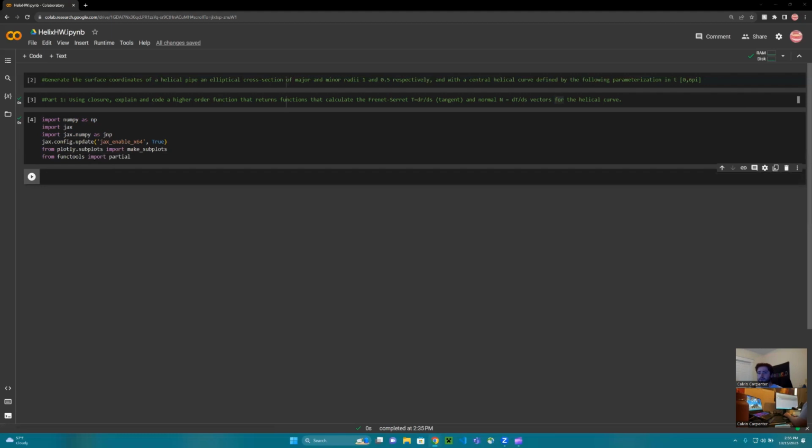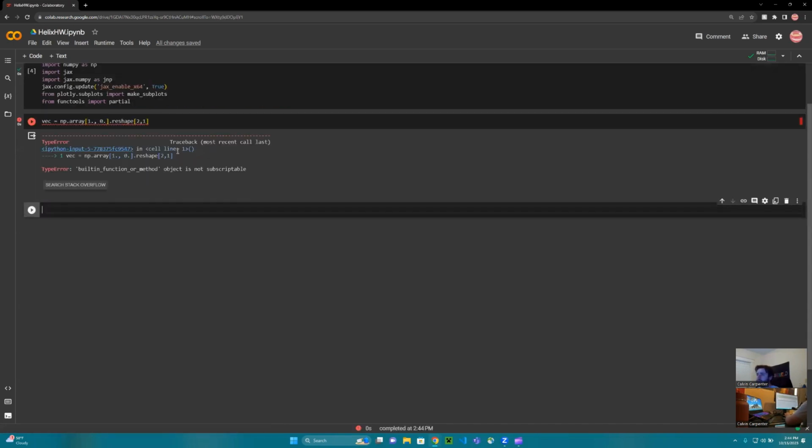All right. Next, we are going to define our vector. Vec equals np.array. We're just going to set values of 1 and 0 for now. These are parentheses.